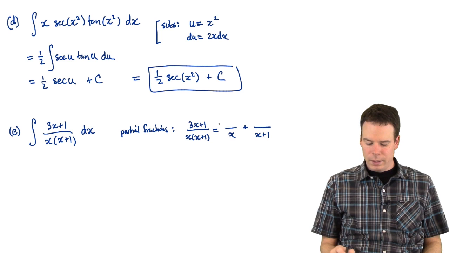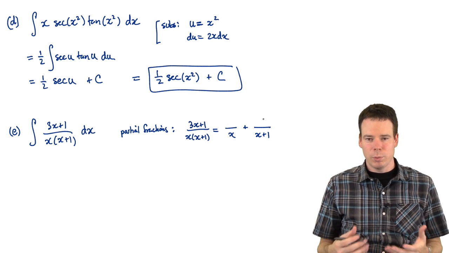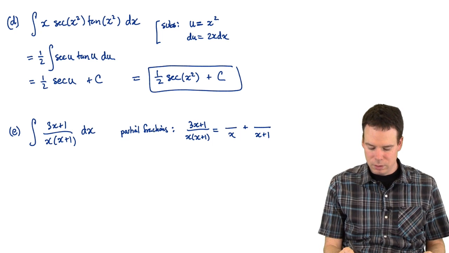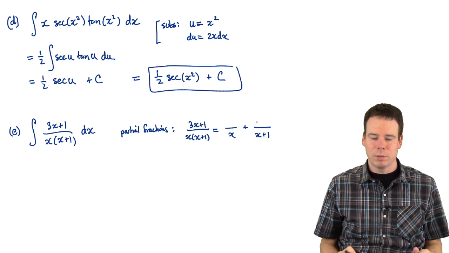Now, I can fill in arbitrary constants a and b above those and then do the normal process of partial fraction decomposition, try to figure out what that a and b have to be using a bit of algebra.